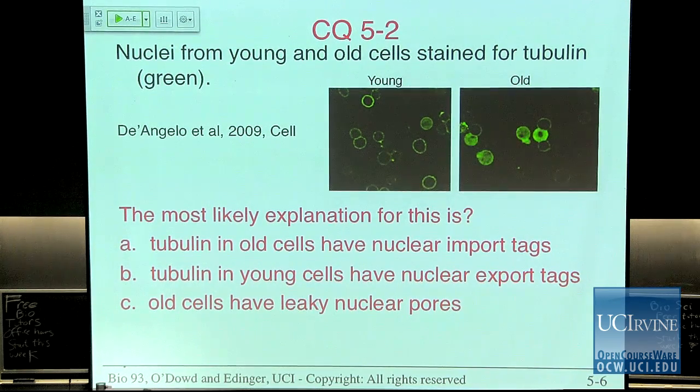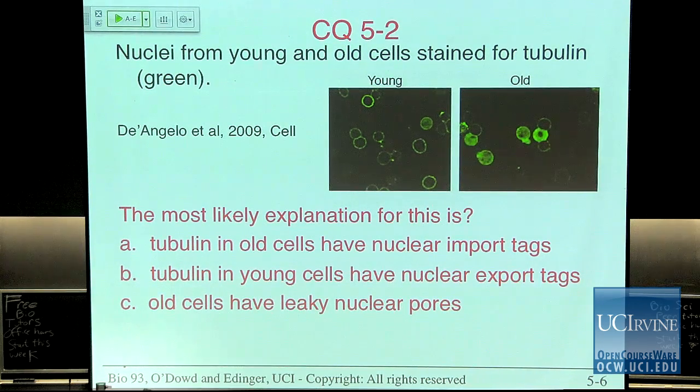However, it could be true that tubulin in old cells has nuclear import tags, because we see lots of tubulin in there. Not very likely, though, because as cells age, you don't often see a gain of function like this, right?